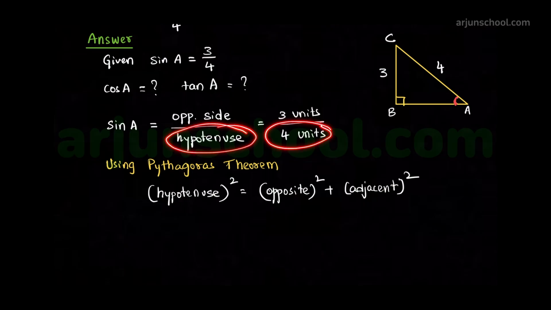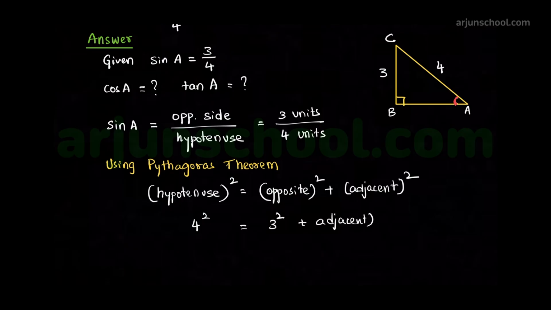We are given hypotenuse is equal to 4 and opposite side is equal to 3. We need to find the adjacent side. 4 square is equal to 3 square plus adjacent side square. 4 square is 16, 3 square is 9.